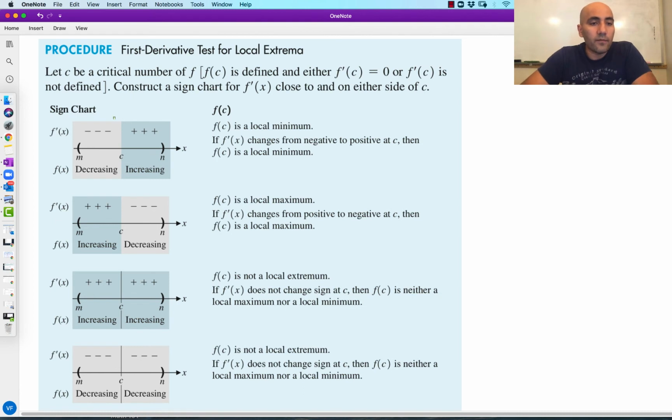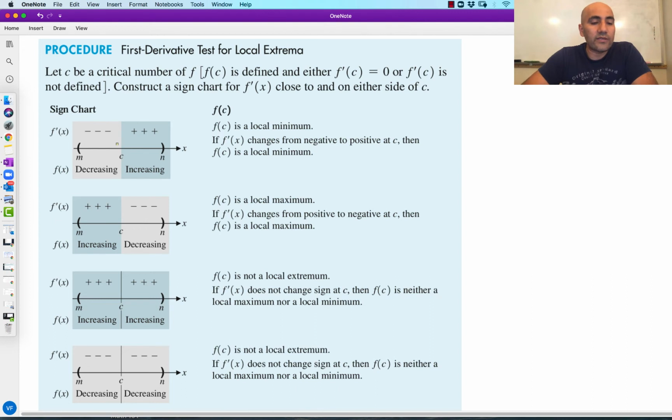So, for example, if c is a critical number, and then we take a test point to the left and evaluate our first derivative, and it turns out that it's negative there, and then we take a test point to the right and figure out that the first derivative is positive there, then we know that the underlying function is decreasing in this zone because that first derivative is negative, and that the underlying function is increasing in this zone because the first derivative is positive.